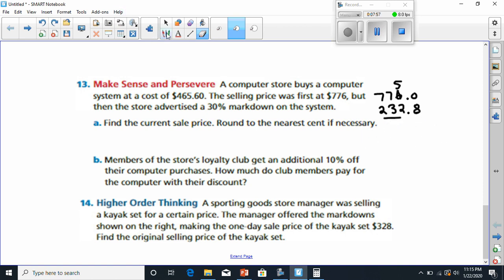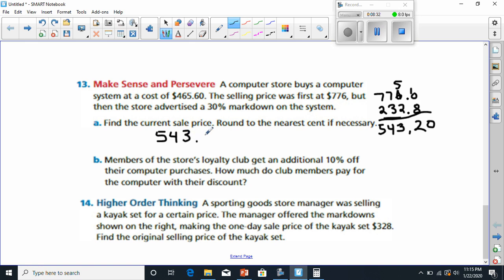If I subtract this, that was 2. We borrowed one, that was 3. 7 minus 3 is 4. And 5 minus 2 is 5. 7 minus 2 is 5. So that means the computer now on sale is at the current sales price, $543.20.